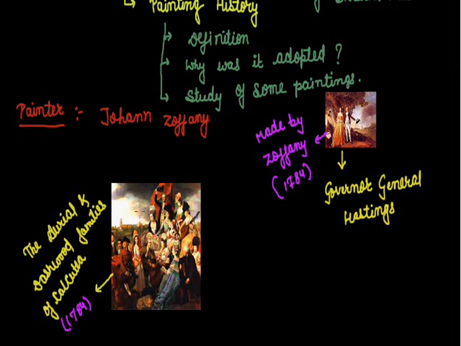Look at these two pictures, these are two examples of the portraits that Zoffany painted. In these pictures, we can see the Indians are shown as submissive, as inferior, and as serving their white masters, while the British are shown as superior and imperious.